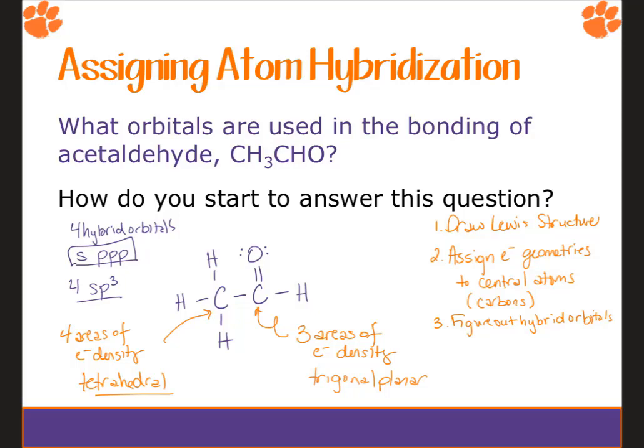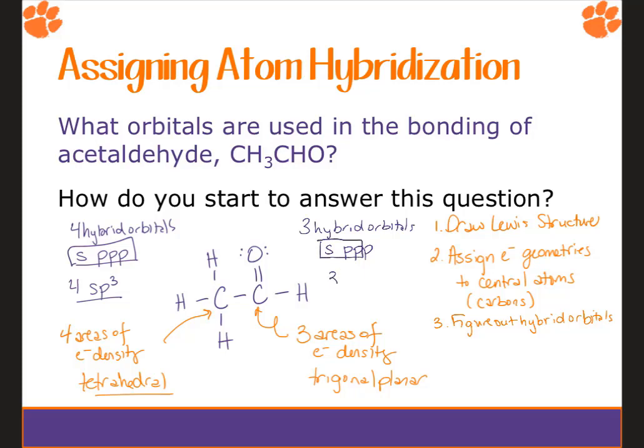For the right-hand carbon, we have 3 areas of electron density, trigonal planar shape, so we need 3 hybrid orbitals for this guy. If I have my s and my 3 p orbitals, I only need 3 of these. So I'm going to start with the s and go to the second p.